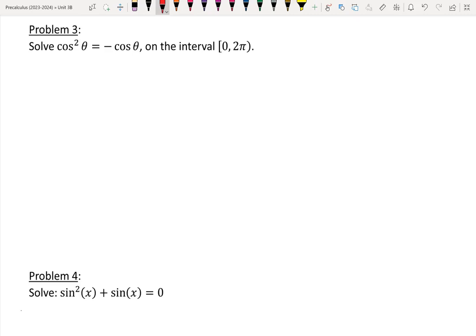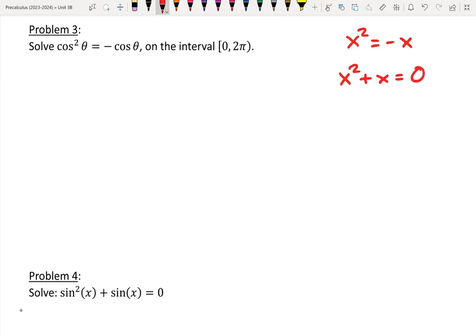I cannot combine those, but I want to think about it as if I had this problem. If that was my problem, I would want to add that to both sides. You don't need to write the x's. You can just look and set that equal to 0.